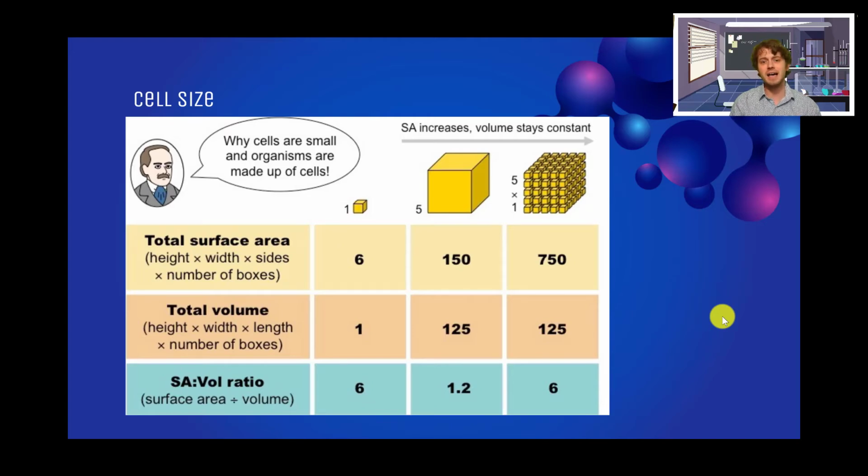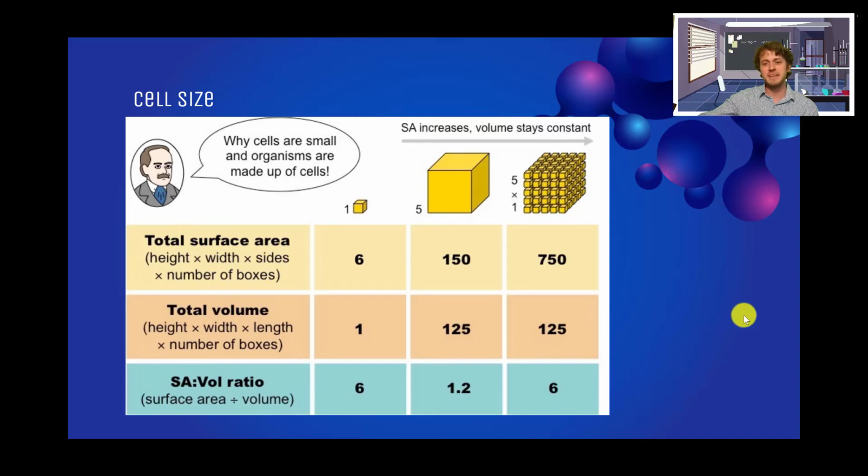So what that does is it lowers the surface area to volume ratio. That's not good, because we need things to move into and out of our cell, and the bigger the cell is, the harder that is to happen, because the surface area is not great enough to support it.